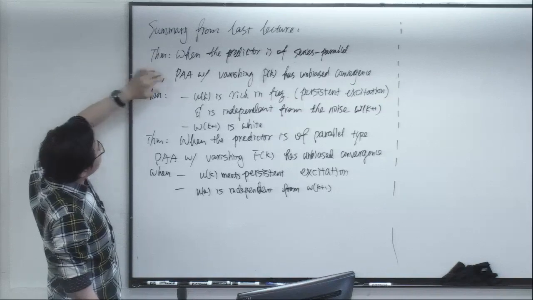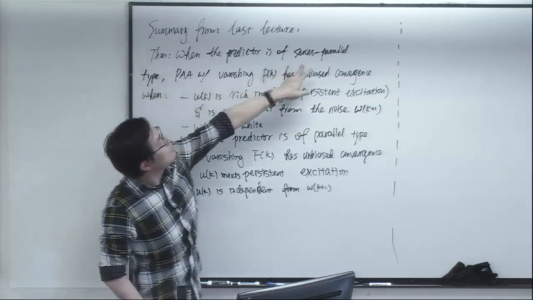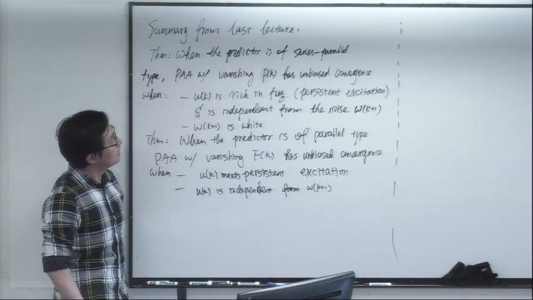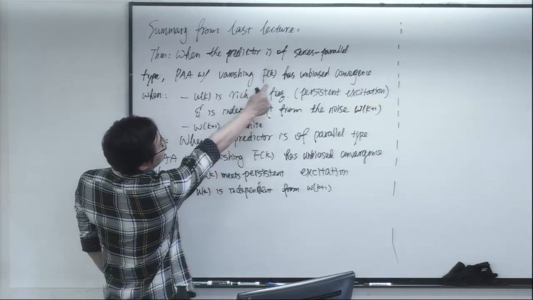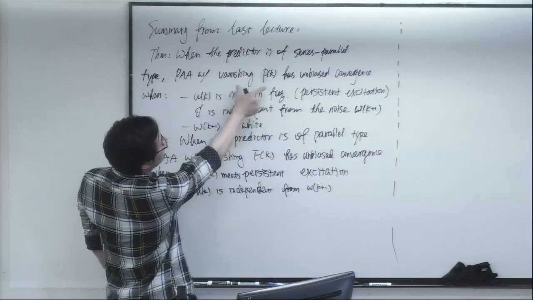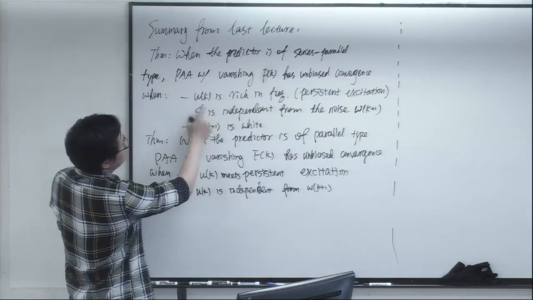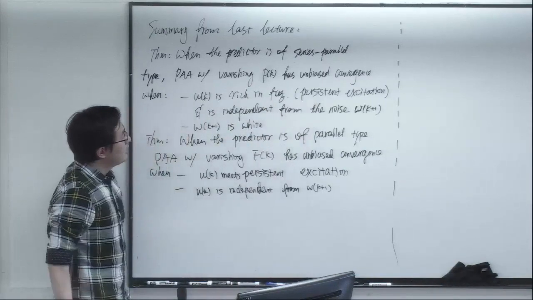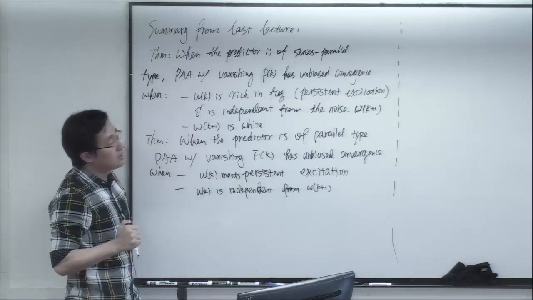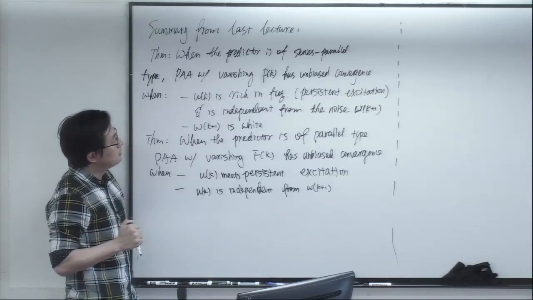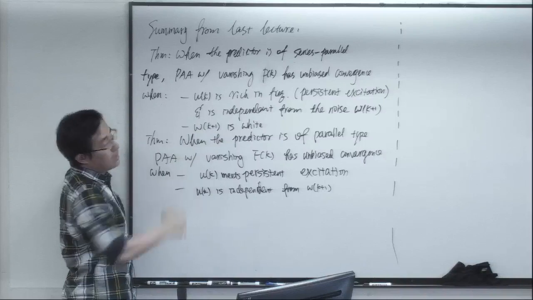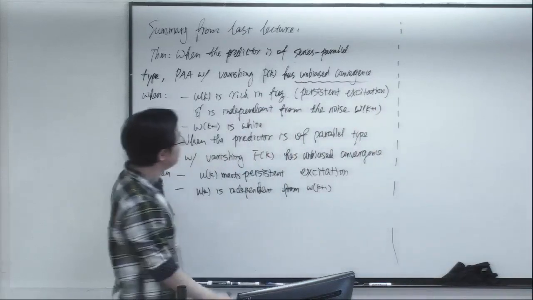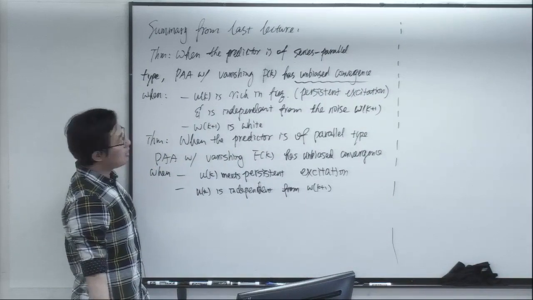If we have a PAA, parameter adaptation algorithm, using the series parallel structure, for example, recursive least squares, then if the adaptation gain is slowly vanishing and UK is rich in frequency, persistently exciting, and independent from the noise WK plus 1, and WK plus 1 is white noise, then we will have unbiased convergence of the parameter estimation. That's unfortunately not always the news.